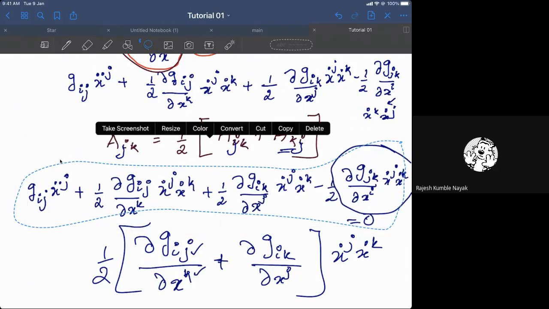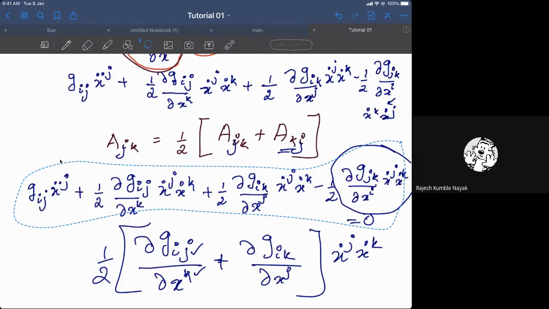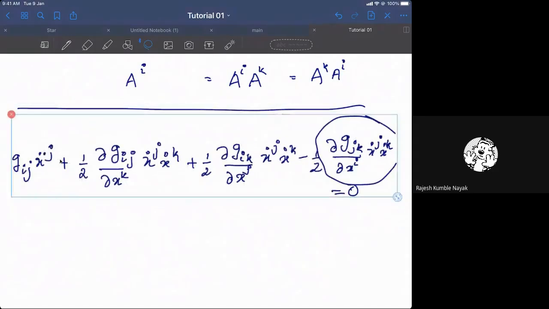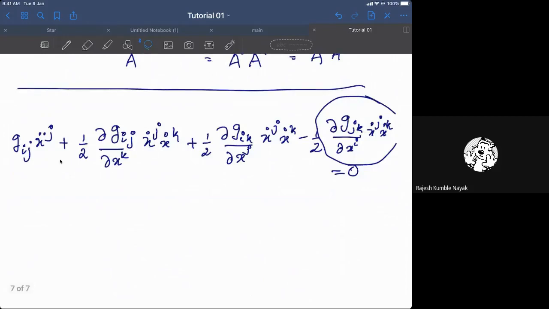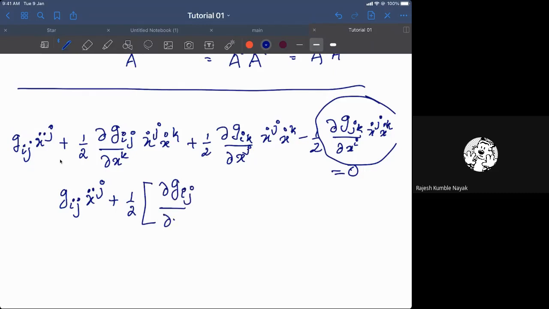Let's rewrite this in a slightly simpler form, gathering all the terms. Let me write it as Gij x dot j plus half, which is common. The first term is the derivative of Gji with respect to x_k. The second term is the derivative of Gik with respect to x_j.